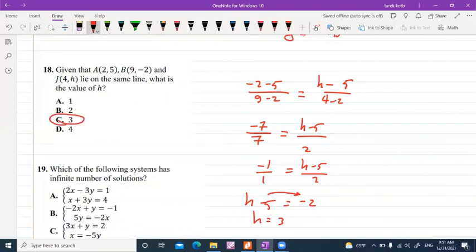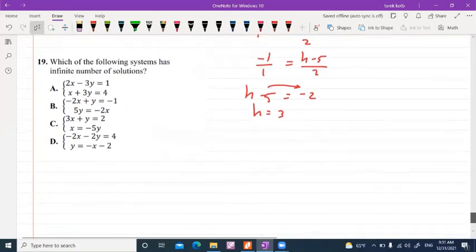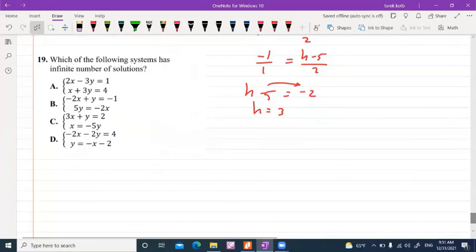19. Which of the following systems has an infinite number of solutions? Infinite number of solutions happens when both equations are the same, but one of them is multiplied by a factor, meaning a number.